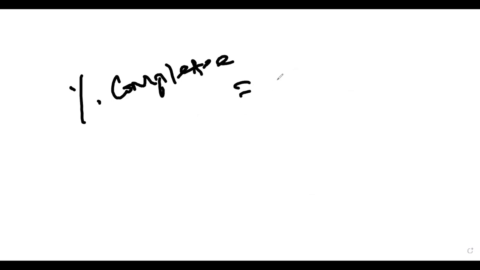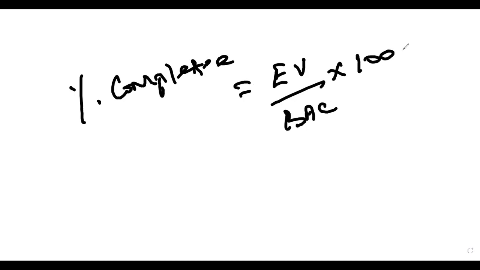And there is a formula for percent complete. The formula will be EV divided by BAC multiplied by 100. So what was our EV at the end of the third month? 400,000.